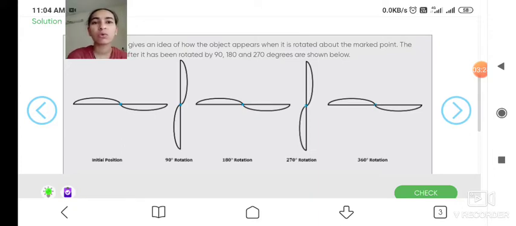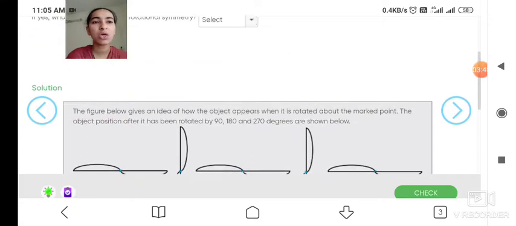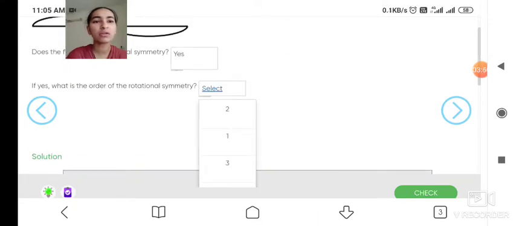We don't have to count the first original figure. Now see how many times it looks the same as the first one. Only 2 times it looks exactly the same, at 180 and at 360. So 2 times it looks the same, so its order will be 2.